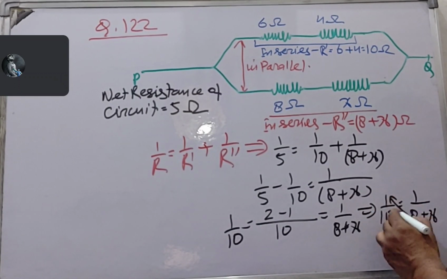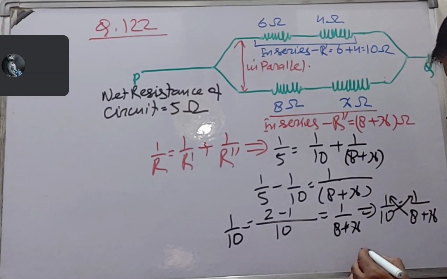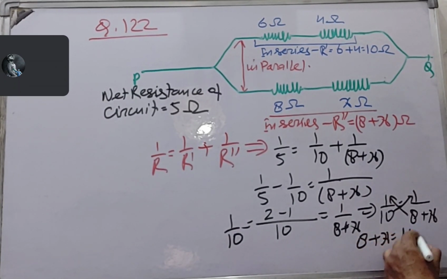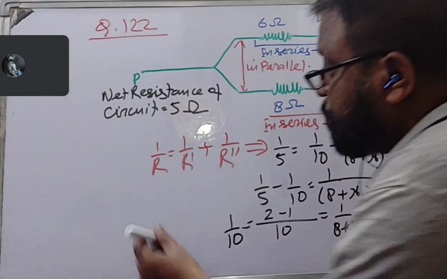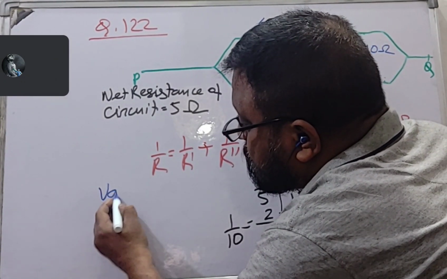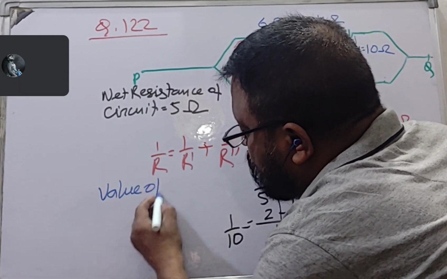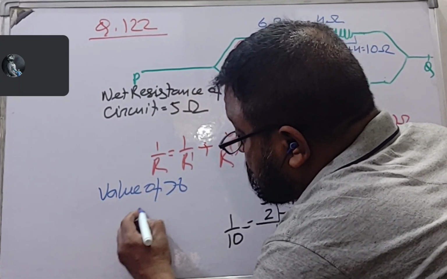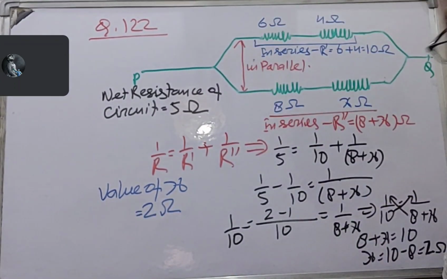Now on cross multiplying, 1 upon 10 is equal to 1 upon 8 plus X. Cross multiplied, so 8 plus X is equal to 10. So X is equal to 10 minus 8, which is 2 ohm, right? So value of X is equal to 2 ohm.